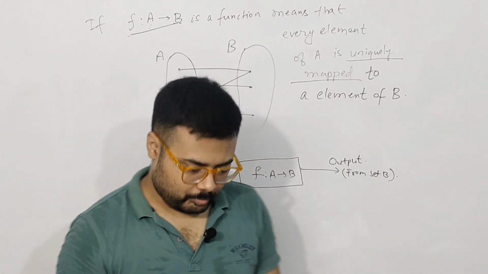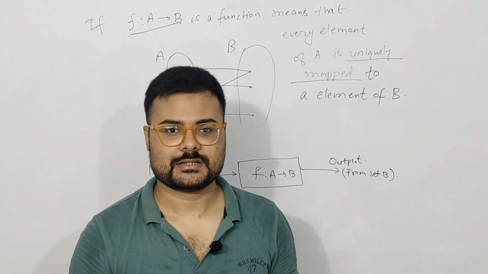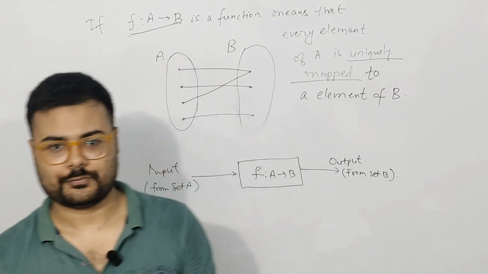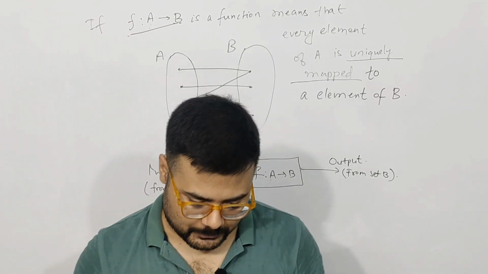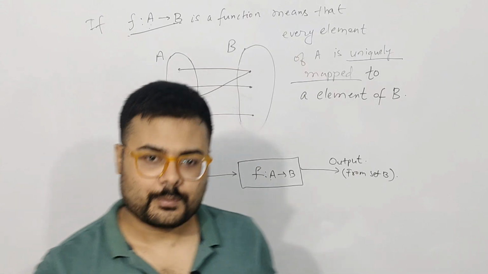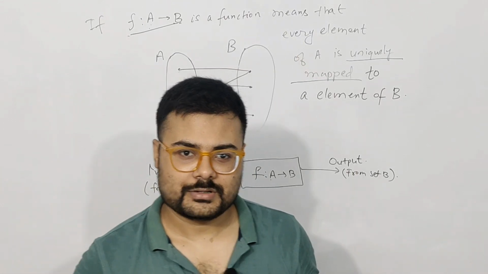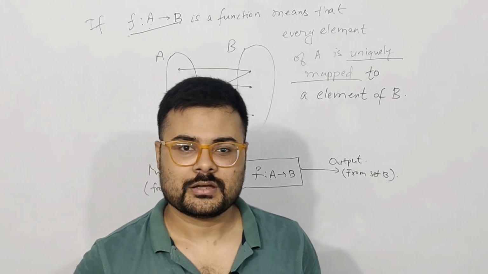Now, in different computer science subjects, we will see many things which are actually functions. For example, in database, we will see that some of the attributes functionally determine some other attributes.